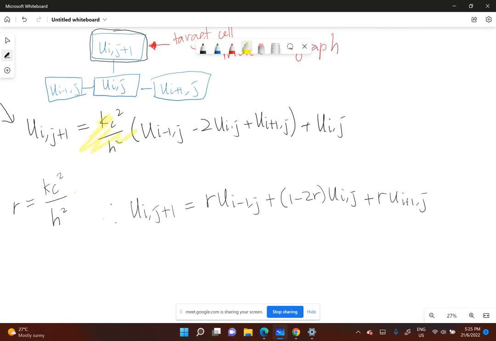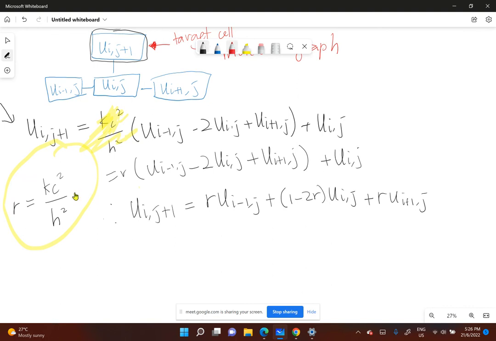Jadi masukkan maksudnya sini sama dengan R ui minus 1j minus 2uij plus ui plus 1j tutup kurungan plus uij.